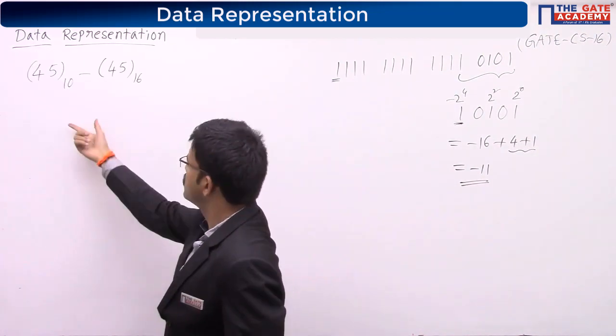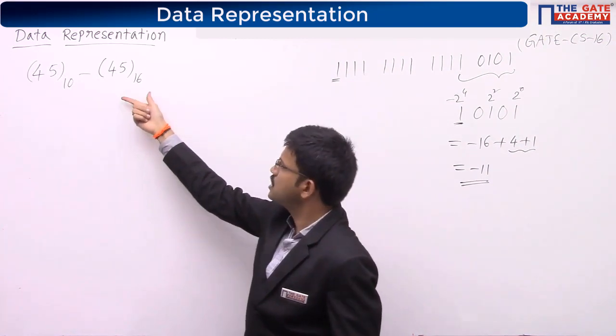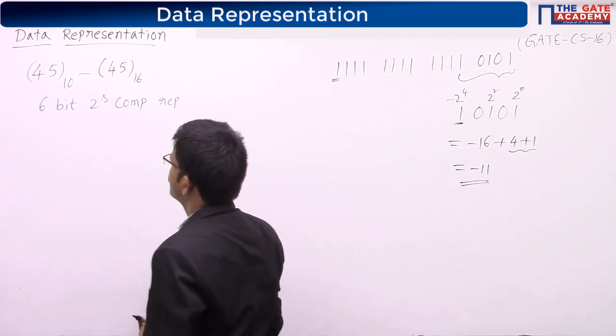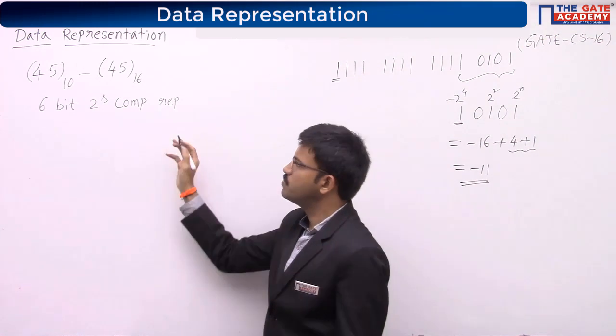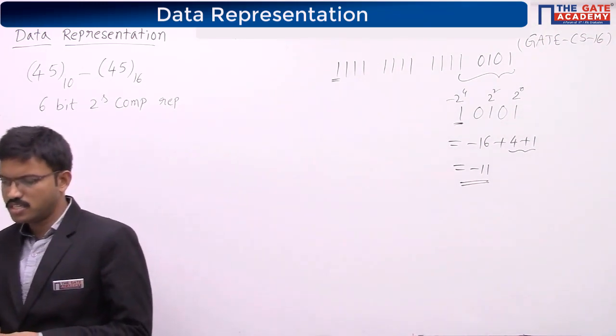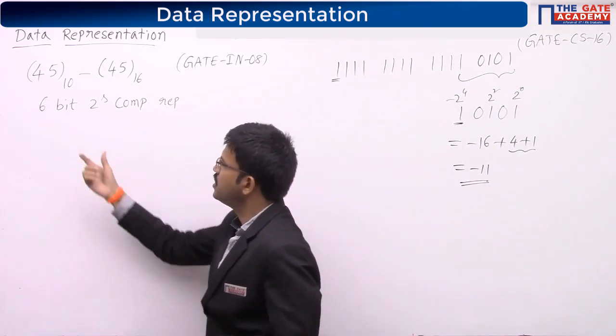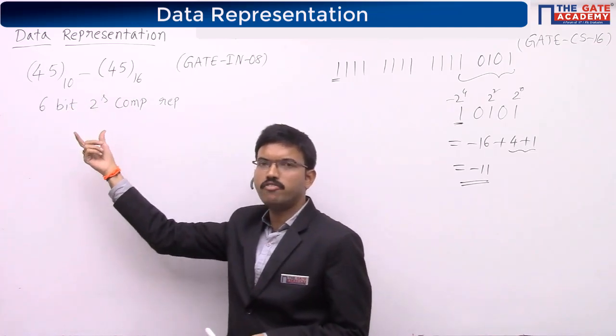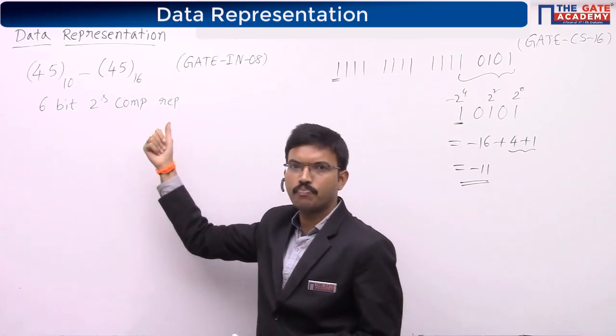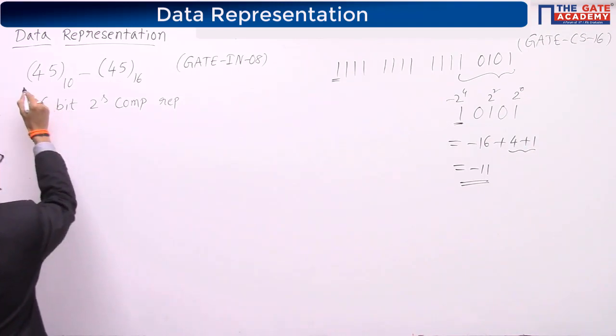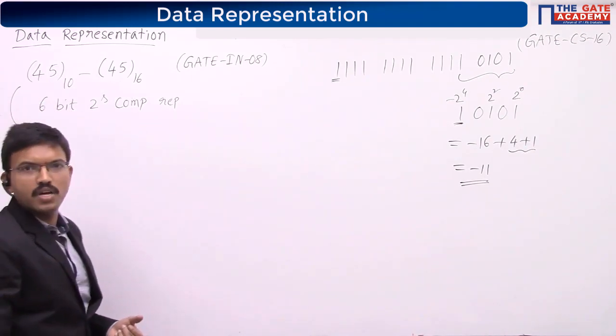The result of 45 base 10 minus 45 base 16, expressed in 6-bit 2's complement representation, is. See here, he has given two numbers, and the resultant value he is expecting in 2's complement form. First let us do the subtraction in decimal.